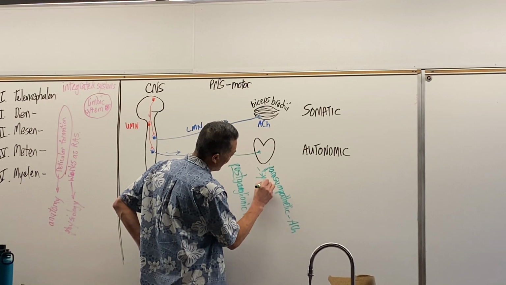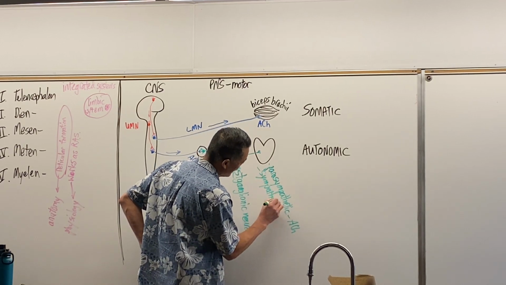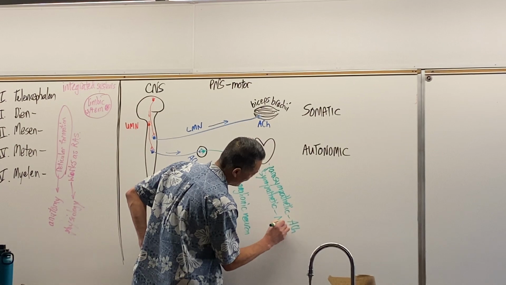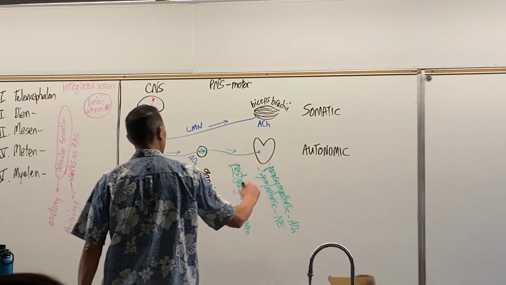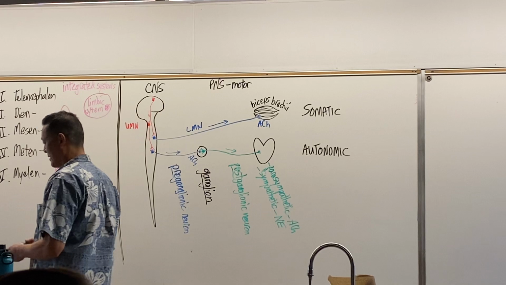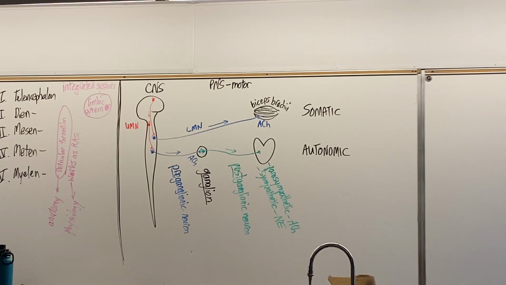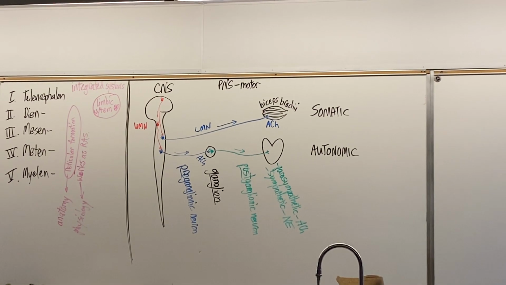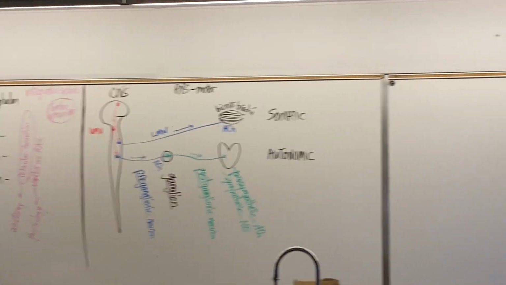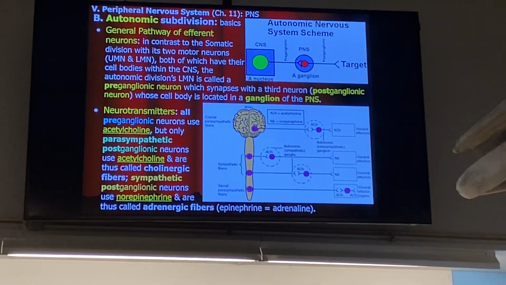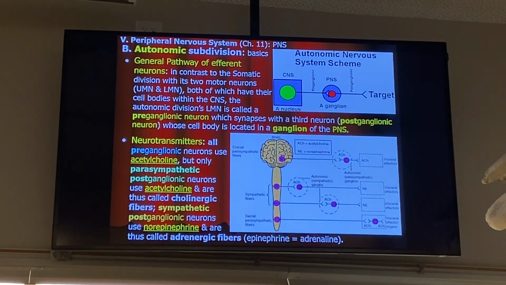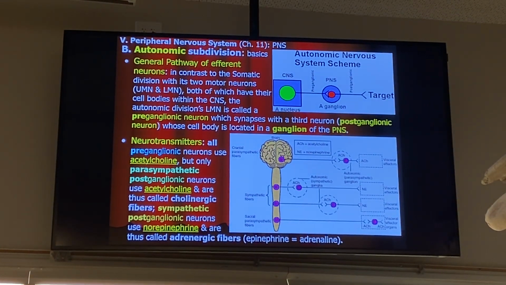But if it's sympathetic, and this is an oversimplification, believe me, it is norepinephrine. That's what's coming out of the axon terminals. Any neuron that releases acetylcholine is referred to as cholinergic. Any neuron that releases either norepinephrine or epinephrine is referred to as adrenergic. You know both. Any questions?